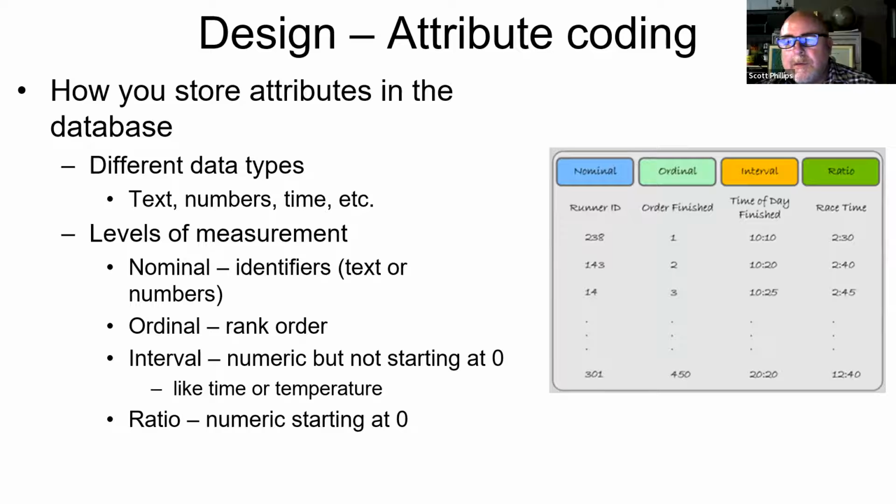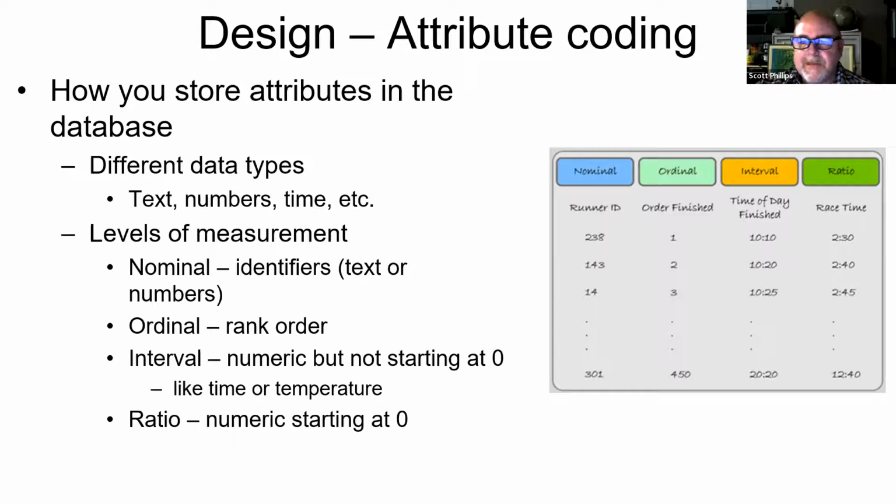And when you're thinking about attributes, you should also give consideration to how you store attribute information. They can be stored in different ways: as text, as numbers, time, etc. And when it comes to numerical data, you might think about what it is that you're trying to include as numbers.